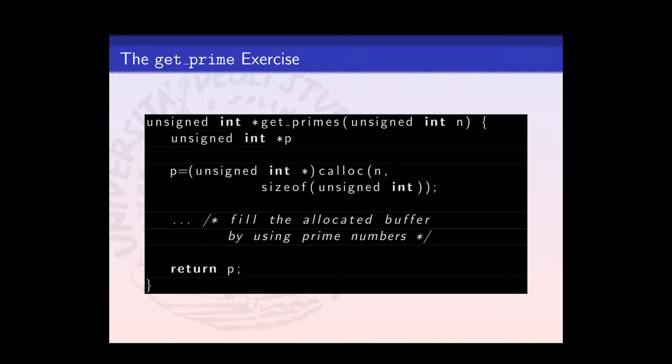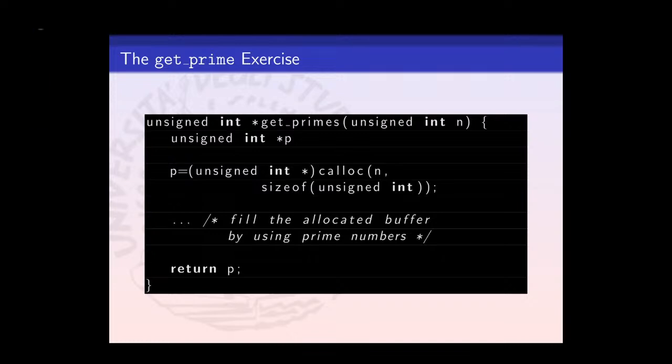So I'm taking something and turning it into something of a different type. Here I'm saying I want to assign to p something that should be interpreted as a pointer to unsigned integer. But now let's have a look at what is just after the typecast.